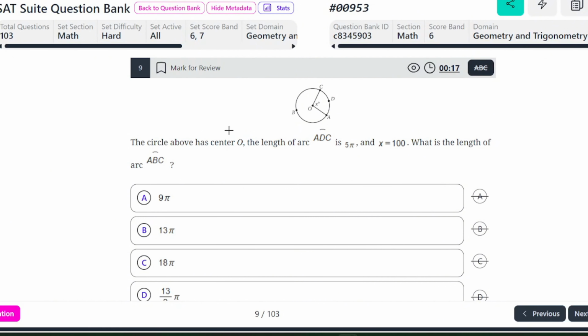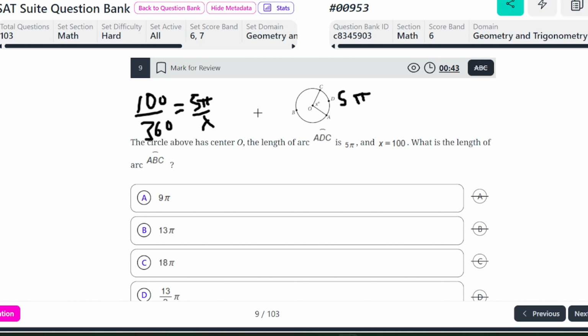Okay, so the circle above has a center O. The length of arc ADC is 5 pi, and x is equal to 100 degrees. What is the length of the arc ABC? So this is a quick proportion thing. Out of 100 out of 360 degrees, it's going to be 5 pi over x.